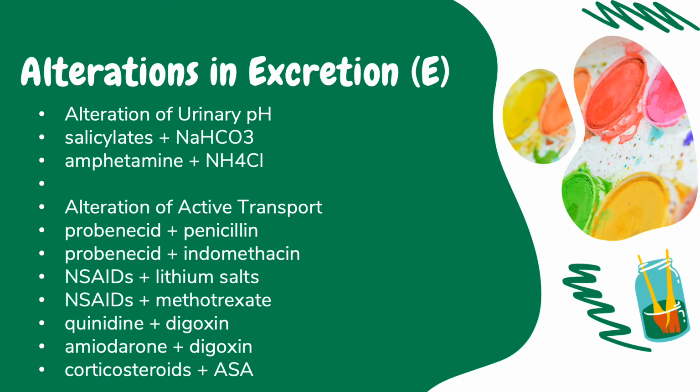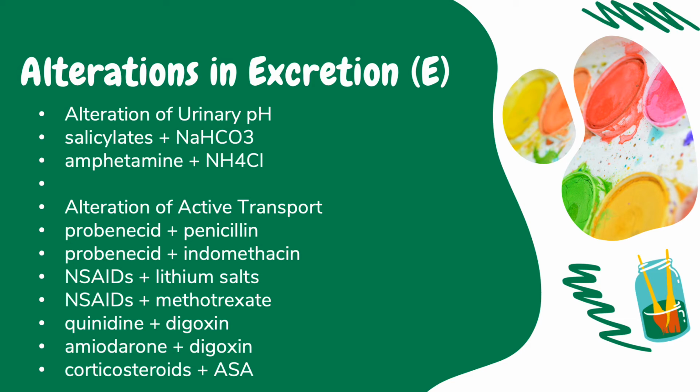This happens if there is alteration of urinary pH, such as with salicylates and sodium bicarbonate, and ammonium chloride with amphetamine. Both of these pairs have resulted in increased renal excretion of salicylate and amphetamine.